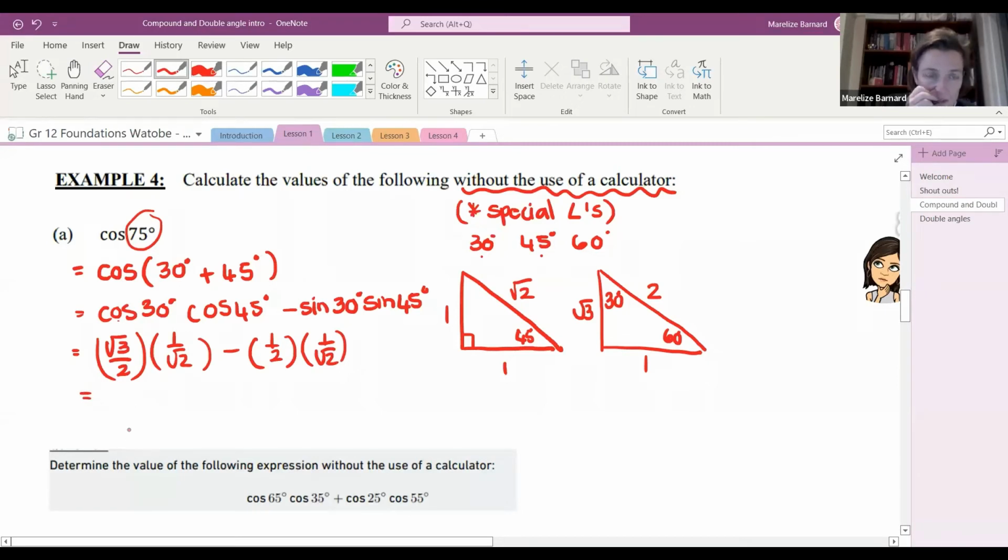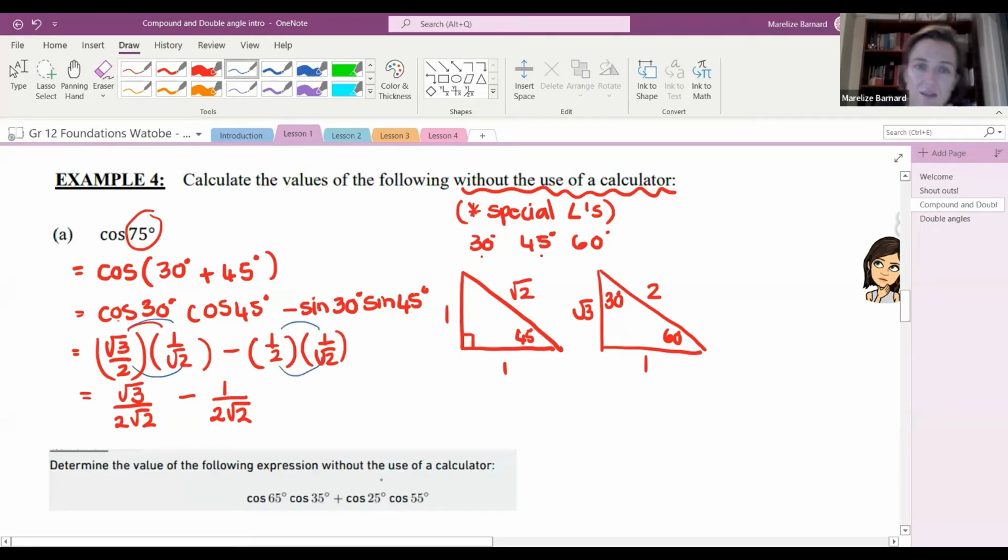Okay, so here, let's multiply this together. Root 3 times 1 gives me root 3. 2 times root 2 is just 2 root 2. And then minus 1 times 1 is 1. 2 times root 2 is 2 root 2. So all we've done is we've multiplied the numerators together and the denominators together.